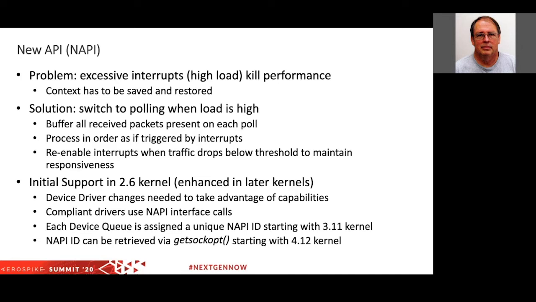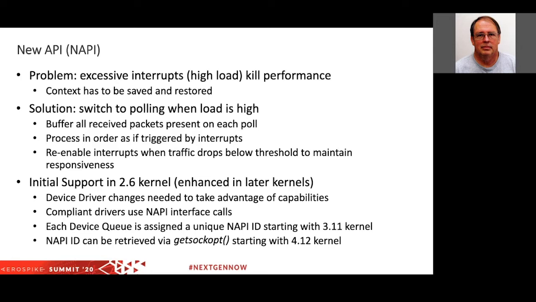The first one is the new API, or NAPI. This was developed in the mid-aughts, long before we got to 100 gigs. But with those kinds of data rates, if every packet interrupts the processor, you're going to kill your performance.